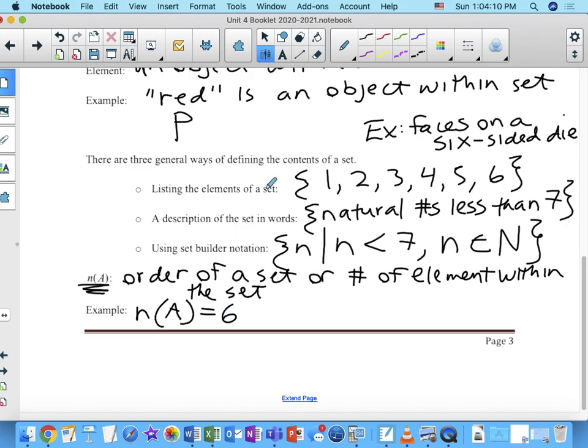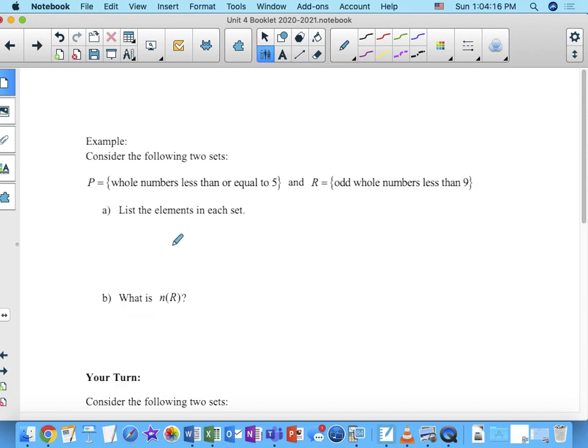Okay, now back to this business of natural numbers and things like that. One thing that is important in this unit is that you do know the difference between things like integers, natural numbers, whole numbers, because that vocabulary does come up quite a bit, and it's expected that you know the difference. Okay, so I just want to review that very quickly. Okay, so whole numbers, actually let's maybe start with integers.